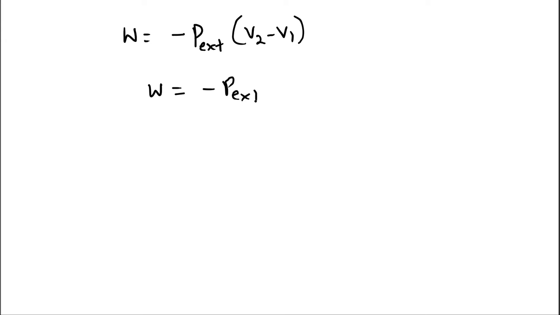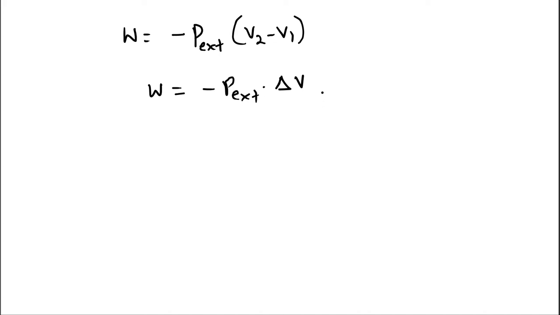So therefore I can write work equal to negative P external times (V2 minus V1). Therefore W equal to negative P external times delta V. This is the work done in isothermal irreversible expansion.